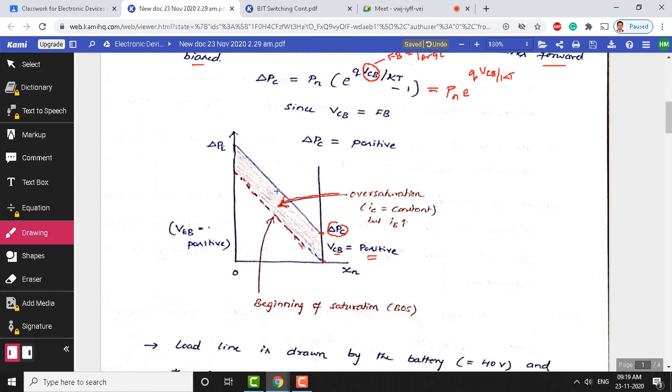The entire shaded portion indicates the device is in oversaturation. One thing to observe here is that under oversaturation, collector current will not increase abnormally or randomly. The collector current is going to remain almost constant.